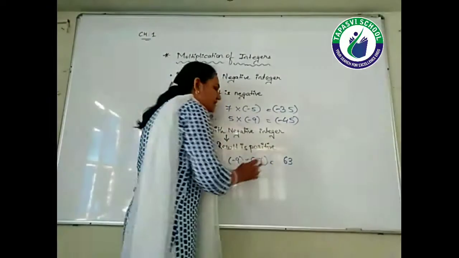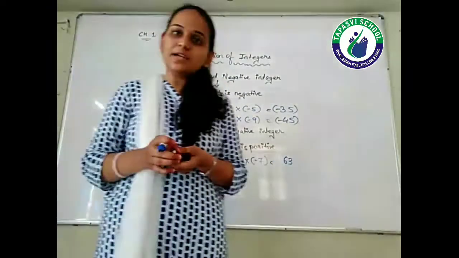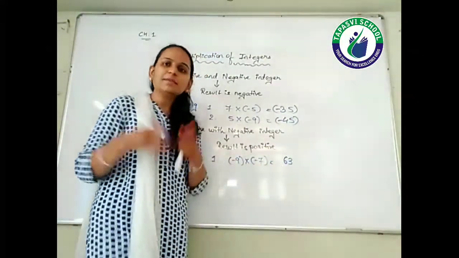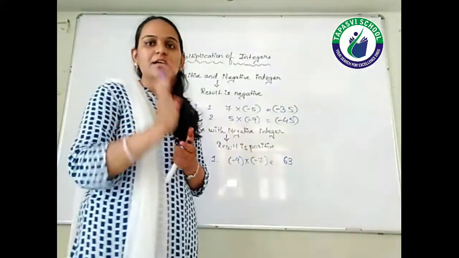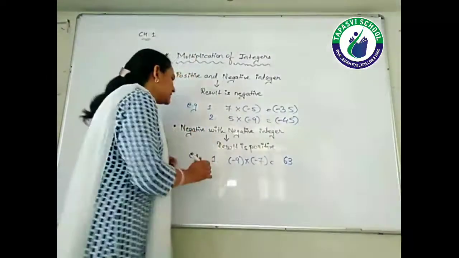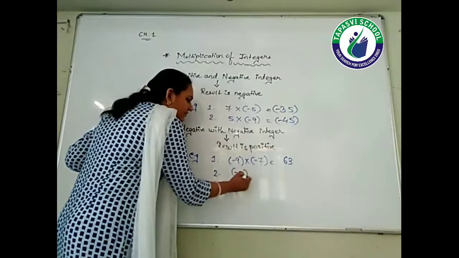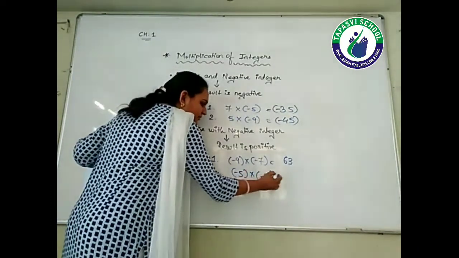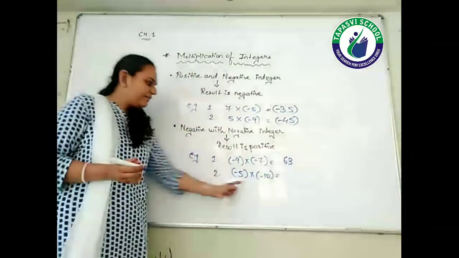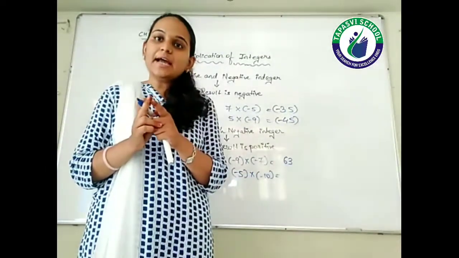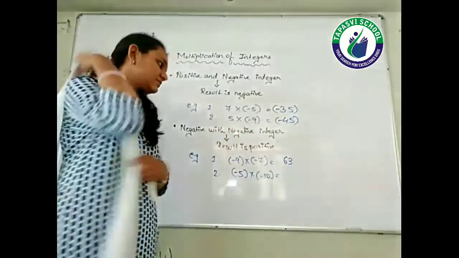And minus minus will become plus. So here I am not showing the plus, but it is to be considered that the answer will be positive. Second one, minus 5 into minus 10. So what are 5 tens? That is 50. And minus minus becomes plus, right?